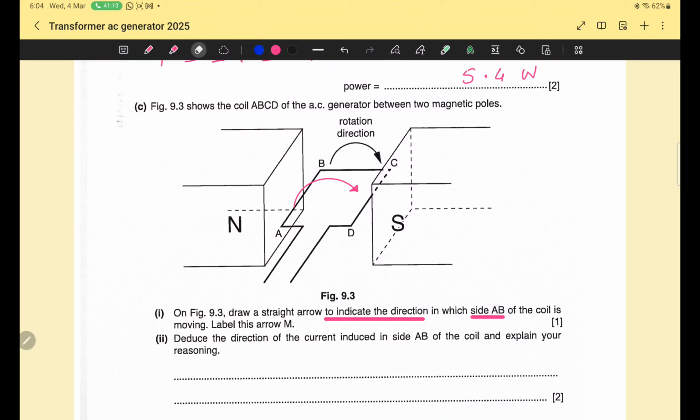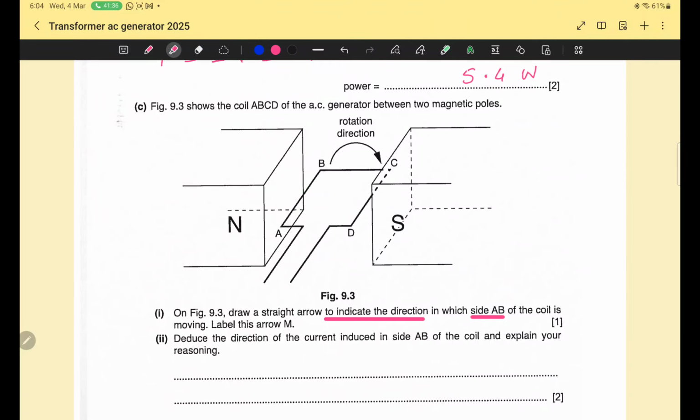So, beta Pavitra, is my green arrow right or wrong? Pavitra is not answering.